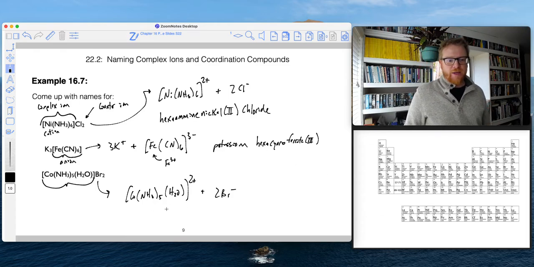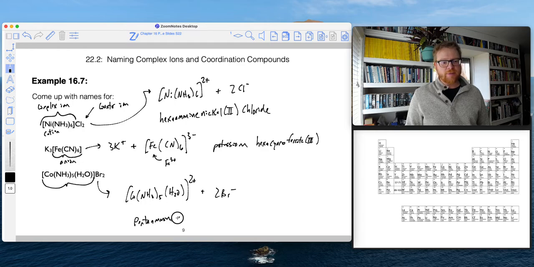And then now we can see we've got 1 water, 5 ammines. The ammine comes first, alphabetical order. So that goes pentaammine, 5 ammines, pentaammine, aqua, cobalt(II) bromide. Okay? It's a mouthful.